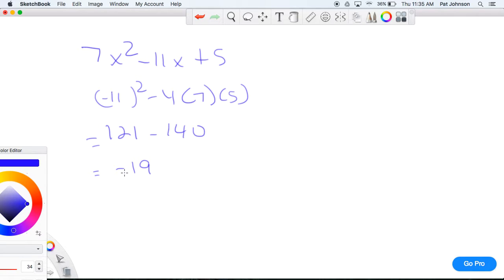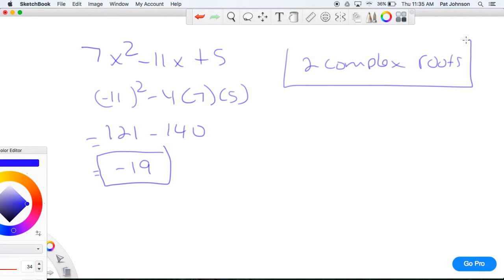Because it's less than 0, it's negative, we're going to have 2 complex roots, or no real solutions. And this is the discriminant, and this is the type of solutions.